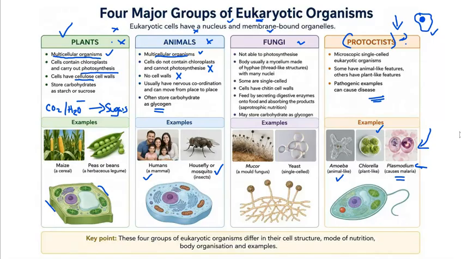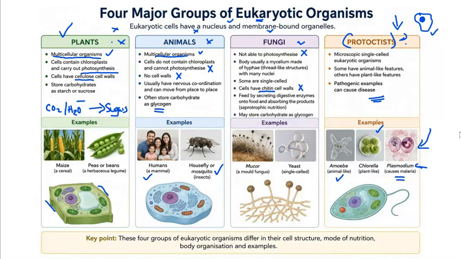The third group of eukaryotic organisms has a strange combination of characteristics. They cannot photosynthesize. They have cell walls, but the cell walls are made of this substance here, which is chitin.